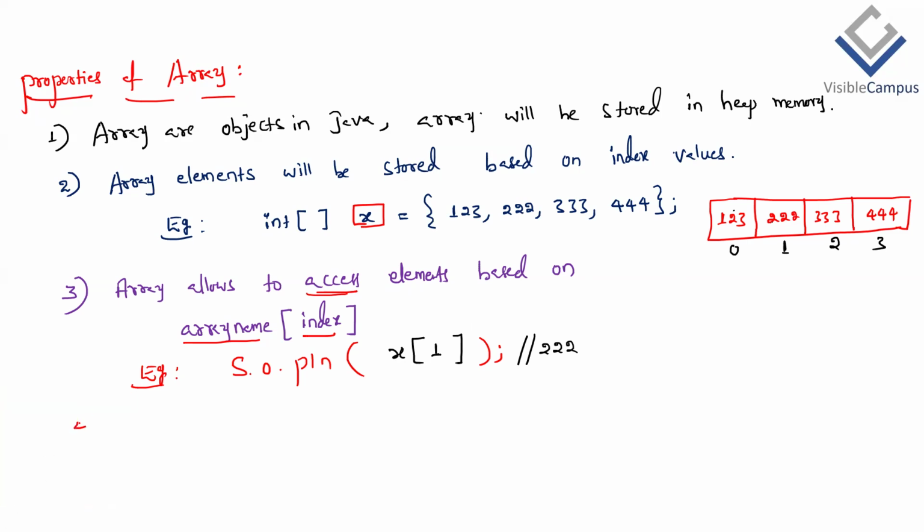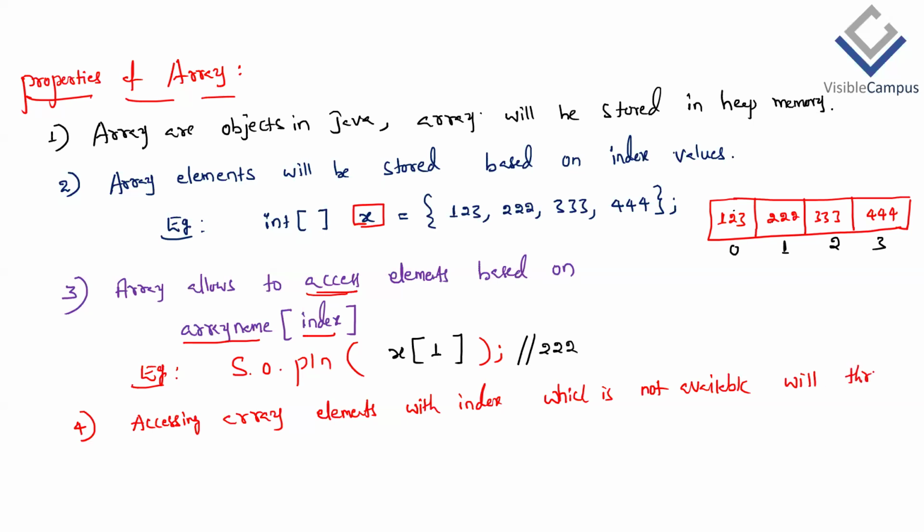Then the next property here. Accessing array elements with index which is not available, will throw any syntax error?